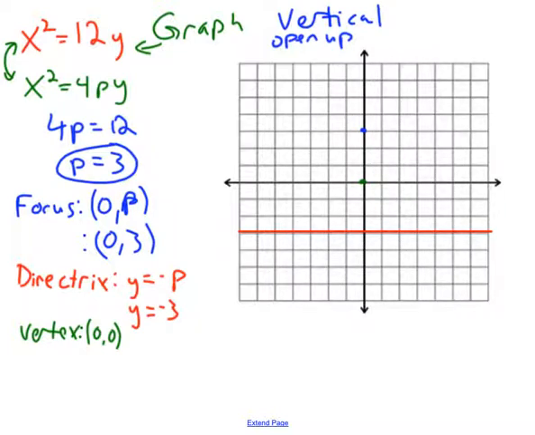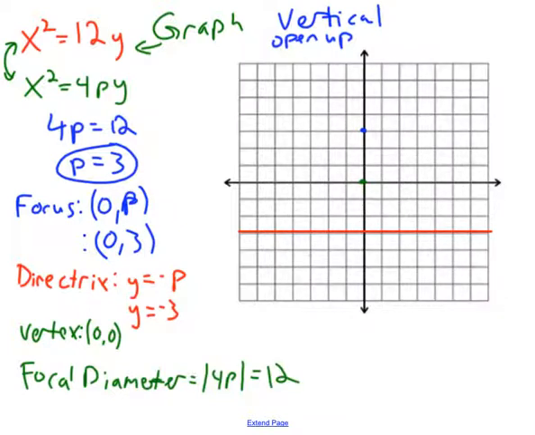All right, and the last piece that will really help us plot this is the focal diameter. Focal diameter uses that variable p that we found. So the focal diameter is the absolute value of 4p. So in our case, that's just 12.